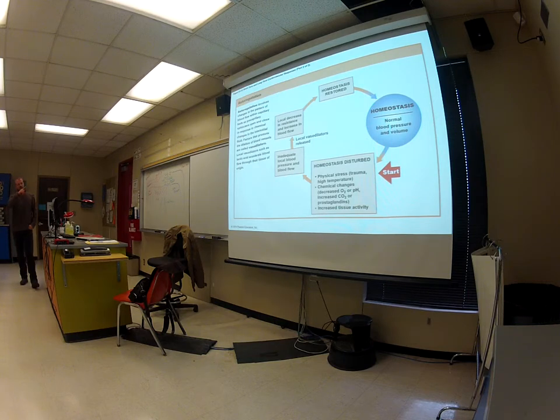Now, auto-regulation walks you through homeostasis, normal blood pressure, volume, homeostasis disrupted, inadequate local blood pressure or blood flow. There's what we're going to do. So, do you guys remember this? If you have high blood pressure, what does your heart want to do?